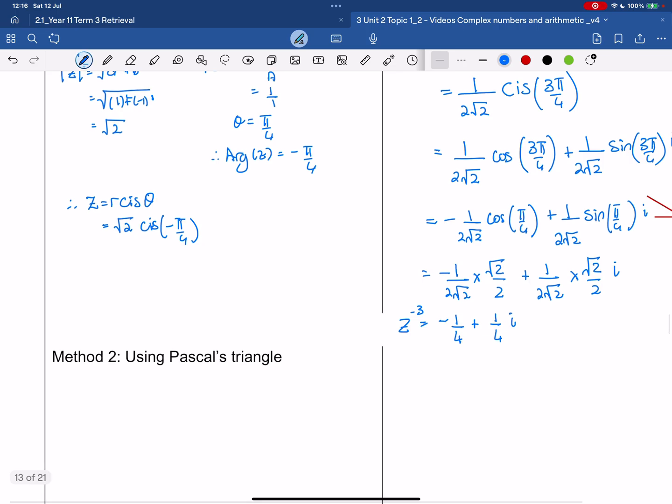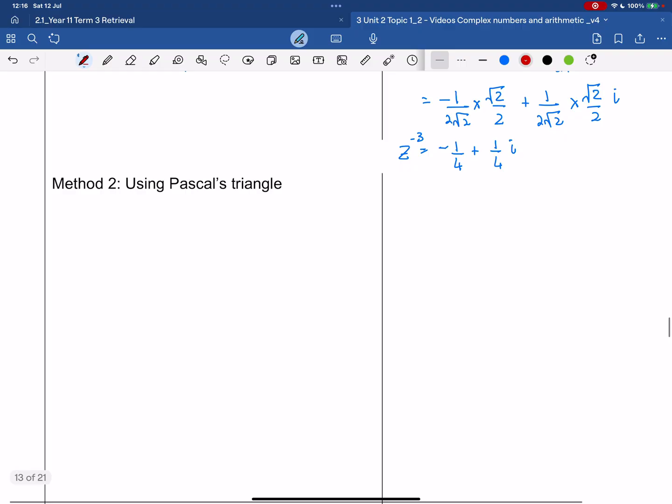Let's have a look at what we would do if we were going to use Pascal's triangle. Now, you've learned about Pascal's triangle before. It looks like this. And for a cubic, we would have 1, 3, 3, 1. So I'm going to say, well, let's let w equal my 1 minus i. And we're going to make it to the power of 3 rather than to the power of negative 3.